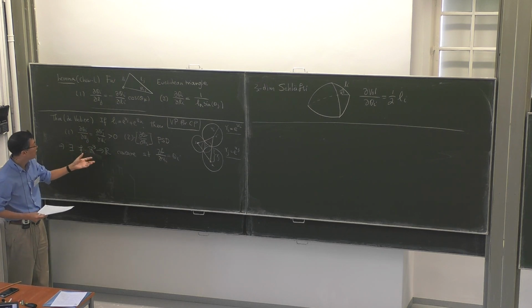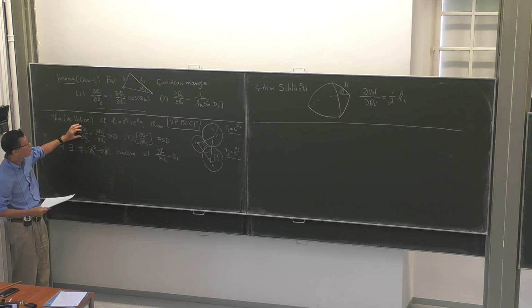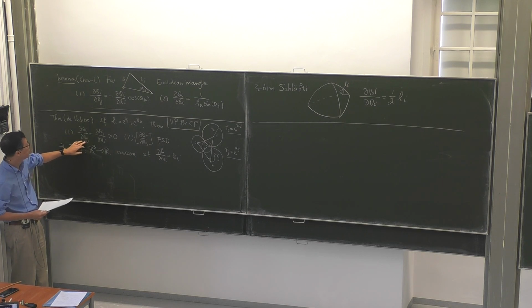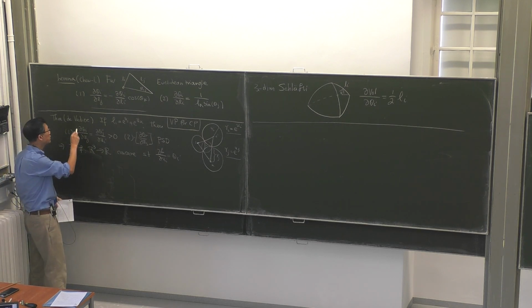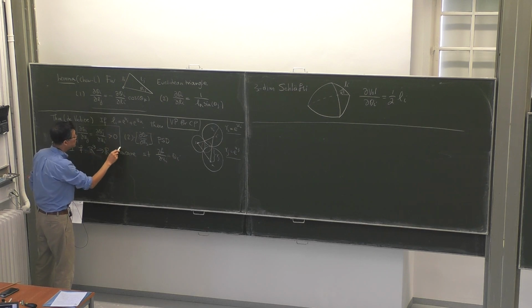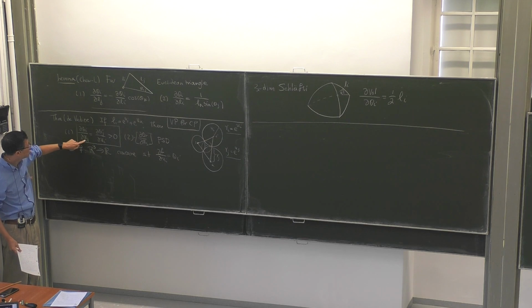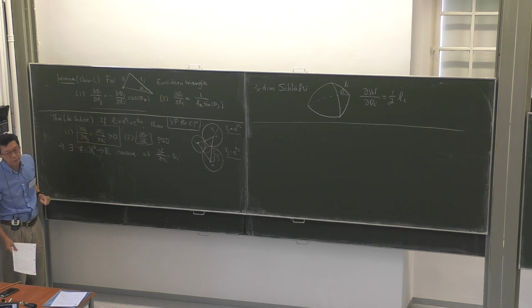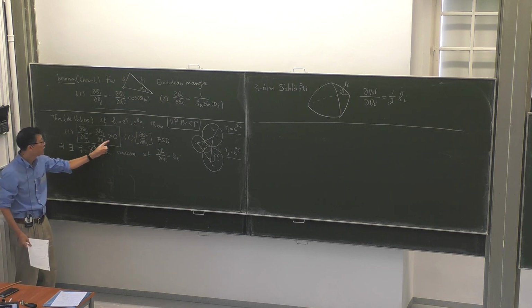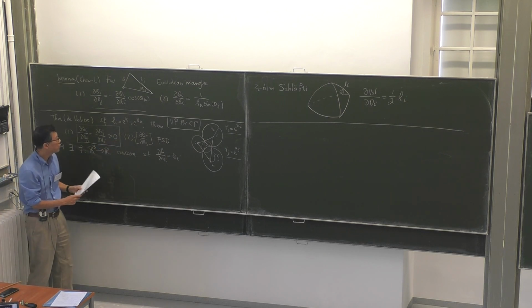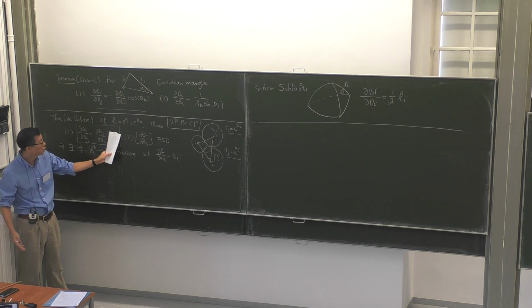Now this angle is a function of the log of the radius. And the key is this formula that the derivative of theta i with respect to uj is the same as the derivative of theta j with respect to ui. And furthermore, it's positive.